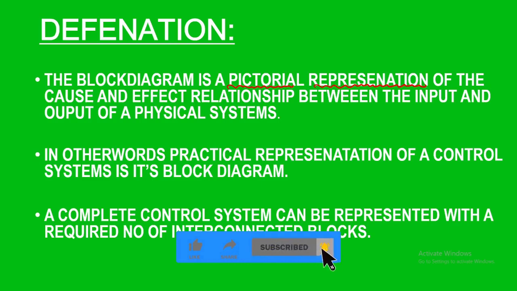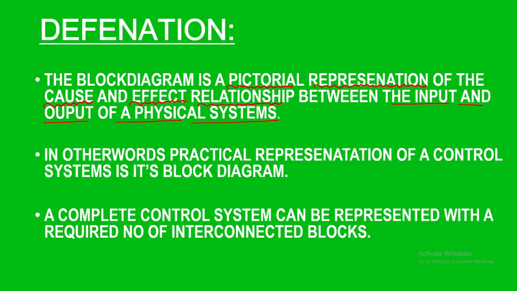Whenever you want to see any control system, it should be represented in the form of what is the cause for that system and what is the effect of that system. In that relationship we are going to define the input and output of the physical system. So we have to represent what is the input and output of the physical system.